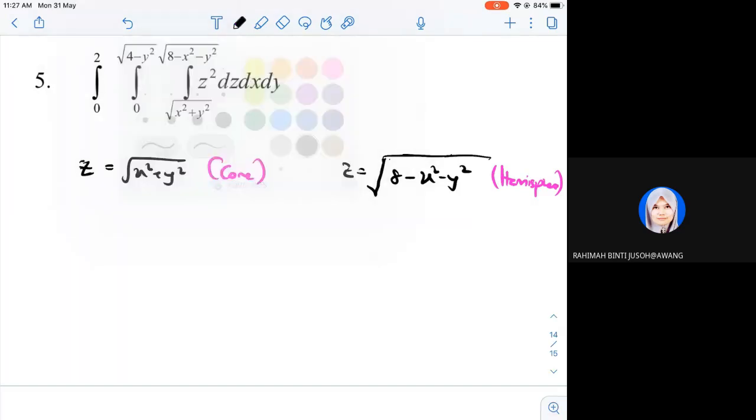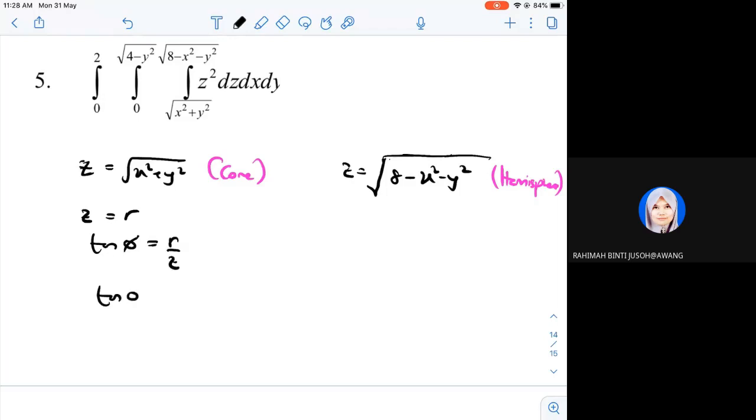Right, so if we convert this, we know that z equals to r, so tangent phi equals to r over z. So we know that tangent phi equals to 1. Okay, so phi equals to arctangent of 1. So phi equals to pi over 4, of course. Alright, so settled.